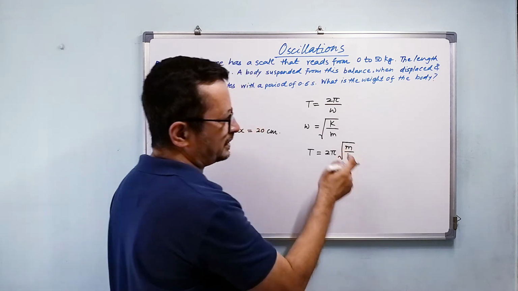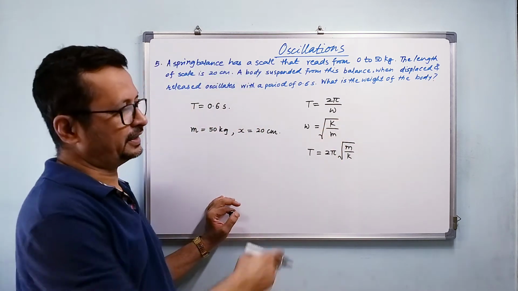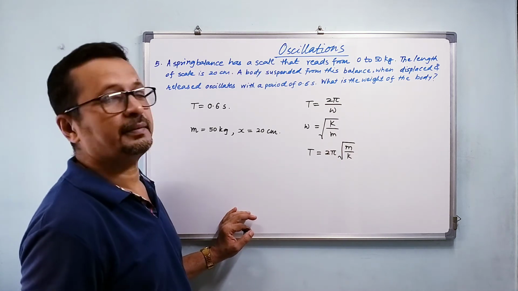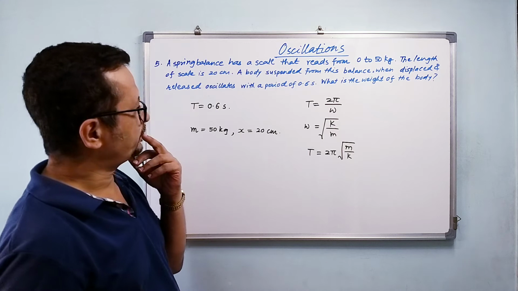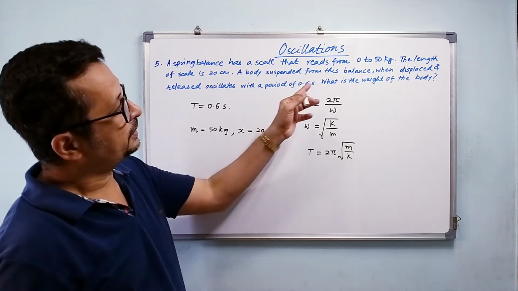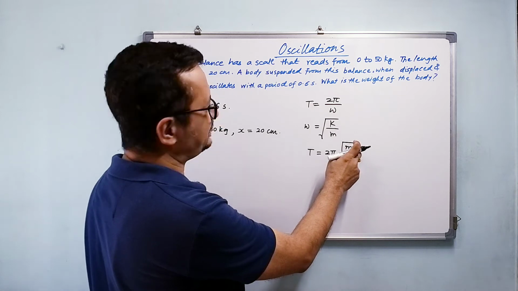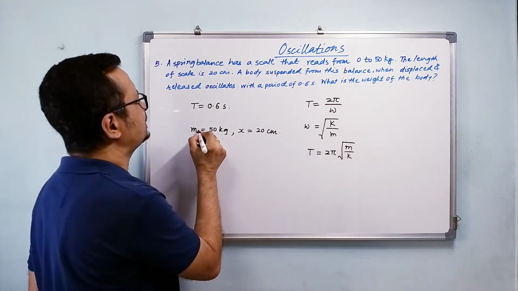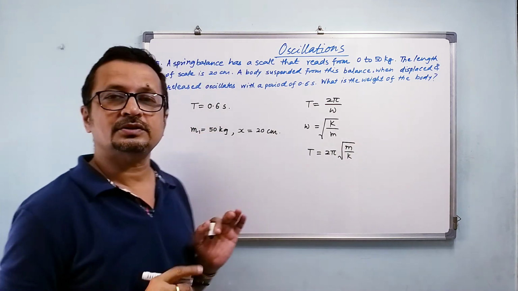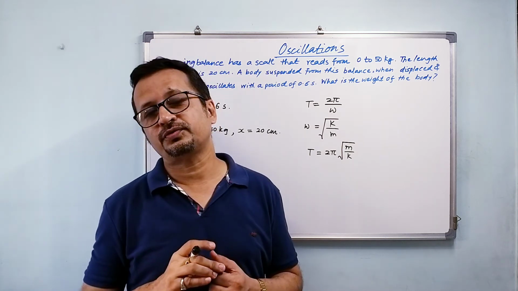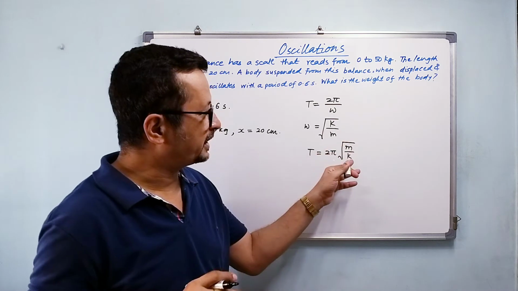I am just taking the reciprocal and multiplying by 2 pi to get the time period. But this mass m here is not equal to this, so I'll call this m1, because this m1 is going to be useful for finding the value of k.